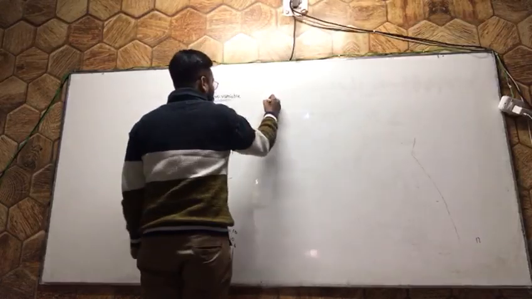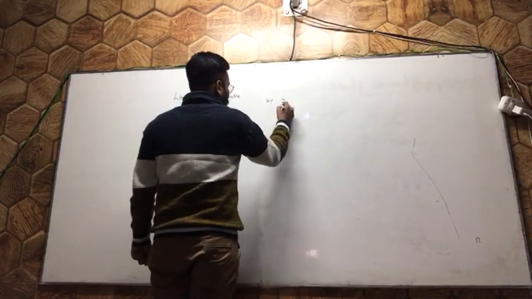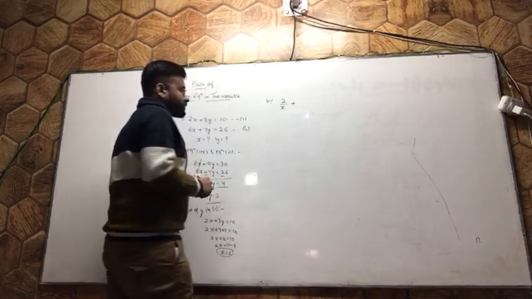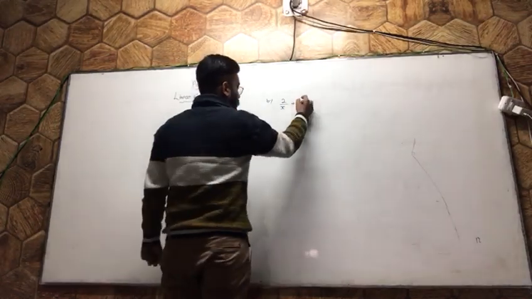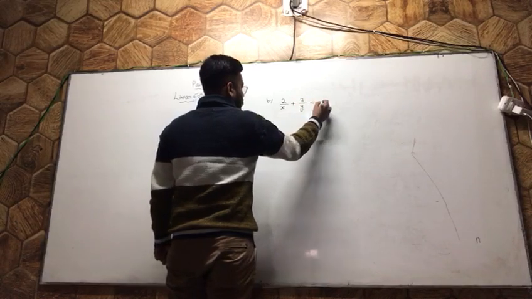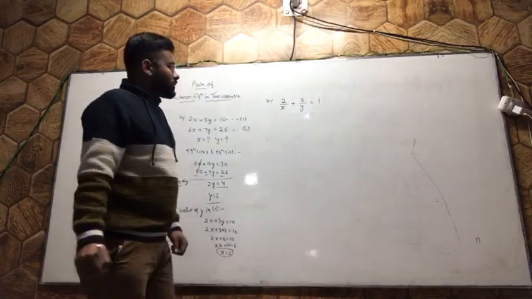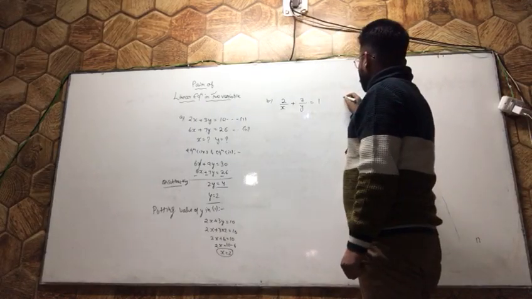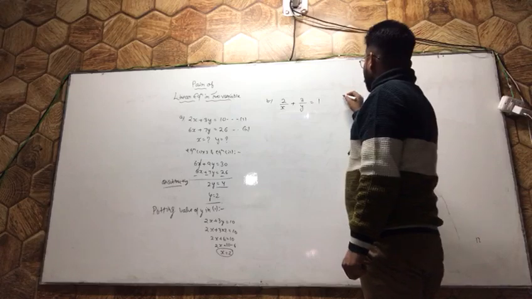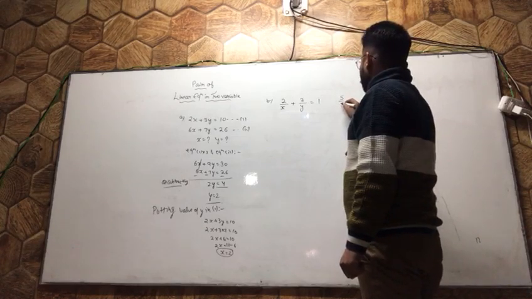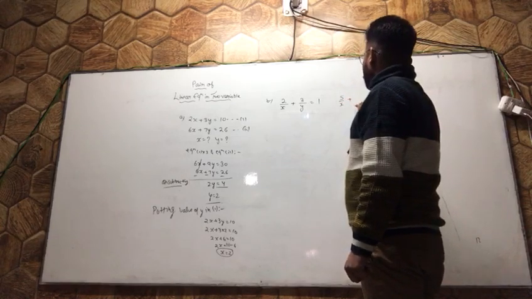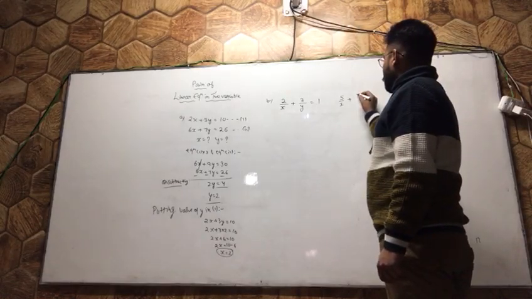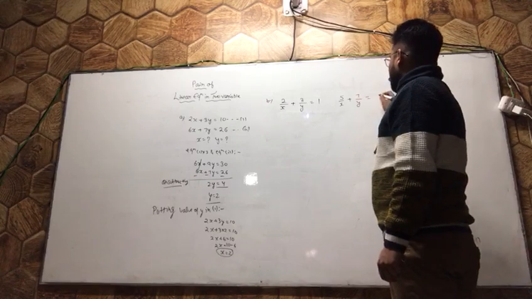Let's take an example. 2 upon x plus 3 upon y equal to 1, and 5 upon x plus 7 upon y equal to 10.